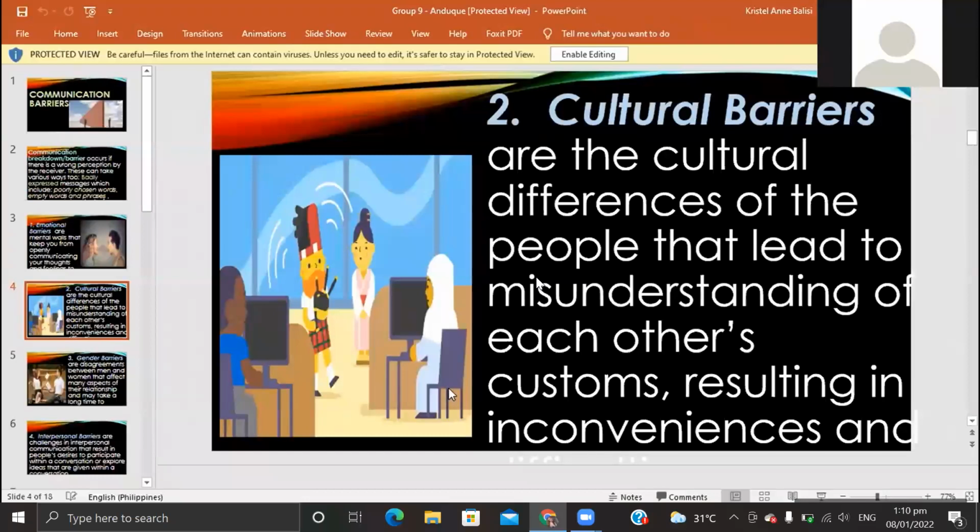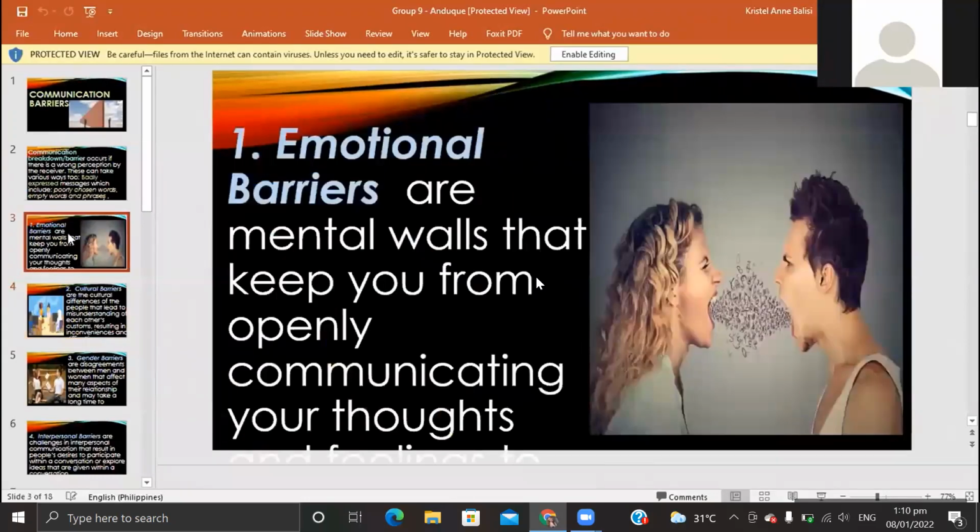Yung emotional barrier, ito po yung may nangyari po sa bahay tas nadala po sa trabaho, parang hindi po makakapag-concentrate sa trabaho kasi nga po yung emotion niya nadadala niya po sa trabaho. Kaya hindi po siya nakakapag-concentrate.